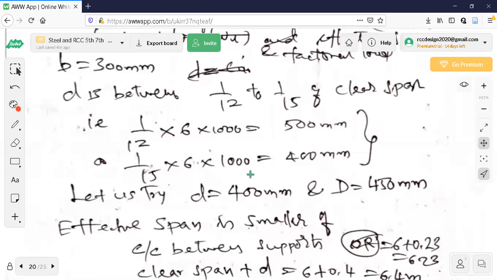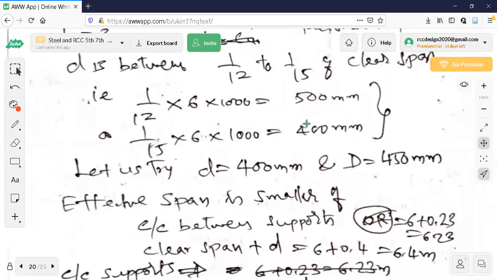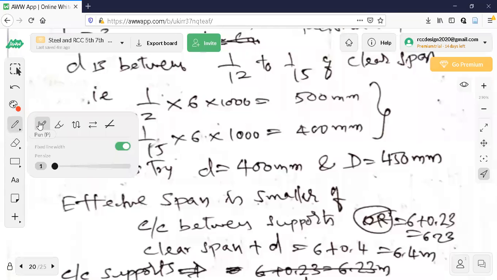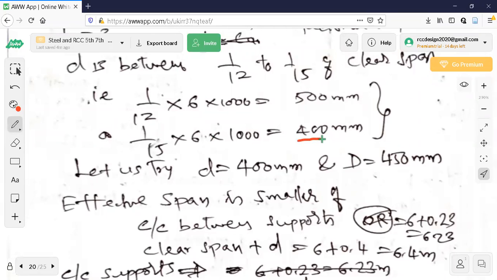Out of this, as a first trial I am trying with small d as 400. I told you design is not unique. You can try any dimension out of this. Only after some practice will you come to know whether to choose 500 or 400 between these two values.